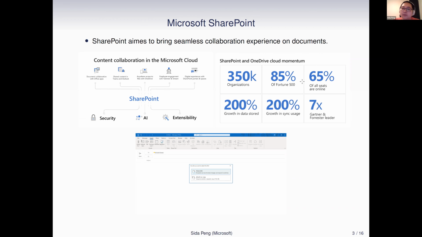This has been up for the past 5 years, and it has been rolled out to a large number of our tenants, our customers. 350K organizations have already adopted it, including 85% of the Fortune 500 companies.